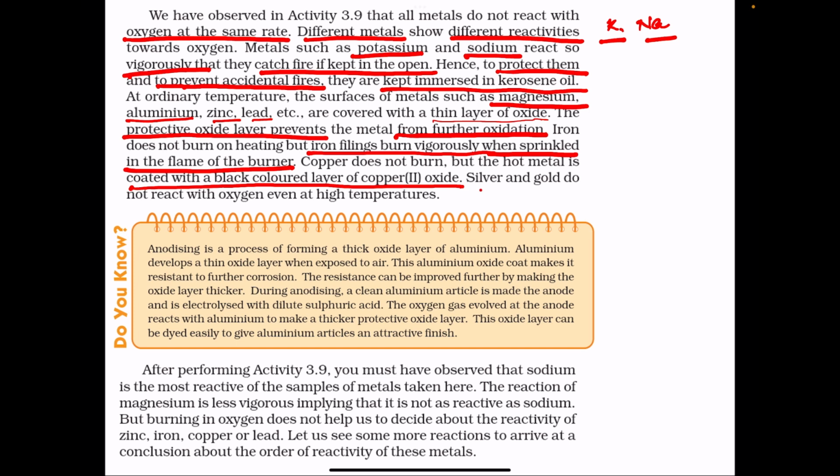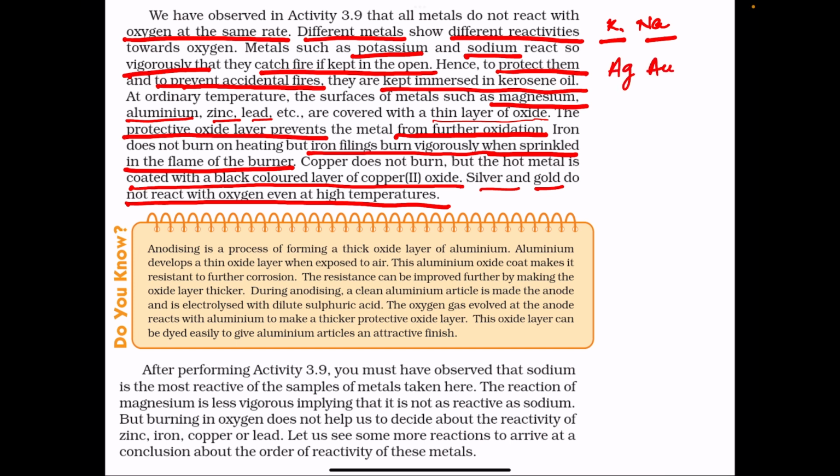Copper also does not burn, but if copper metal is hot, then it gets coated with a layer of copper oxide. The most unreactive metals are silver and gold. These do not react with oxygen even at high temperature.